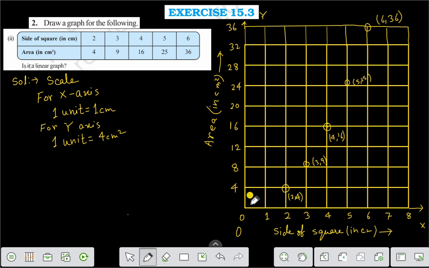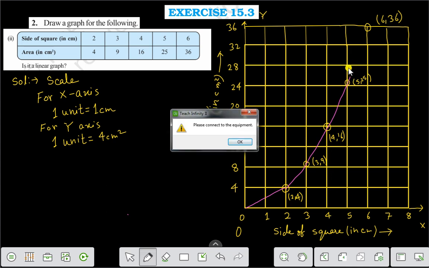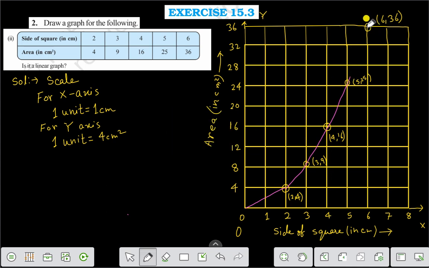If we join the origin, that is 0, 0, then we get this graph.